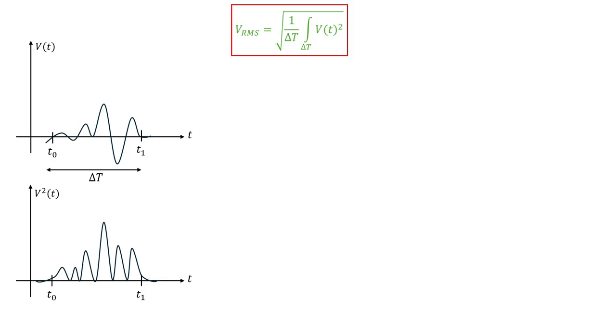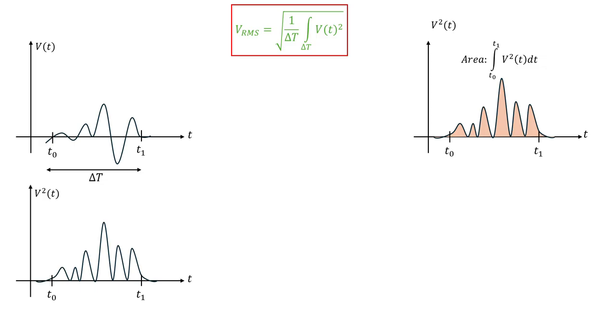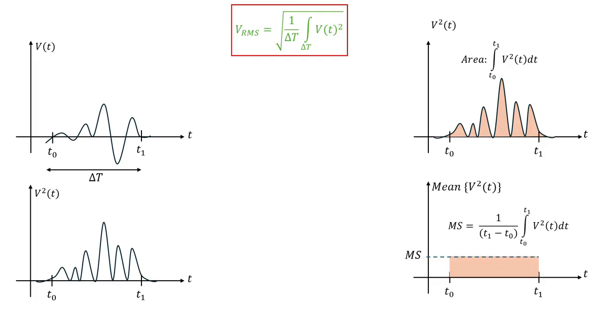First, we need to square the signal, which represents the instantaneous power of the signal, and then integrate it over the given time duration, which is equivalent to the energy of the signal. We also need to divide it by the time duration, representing the average power of the signal.